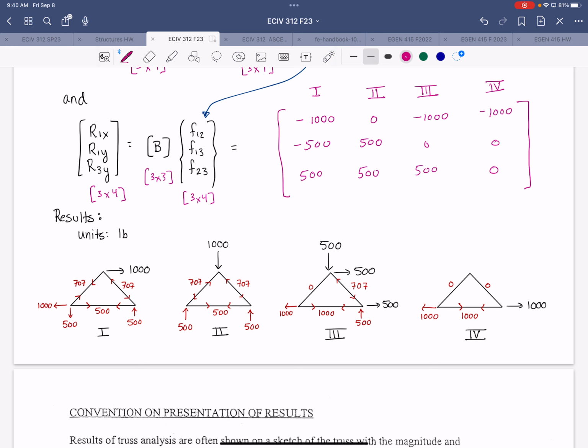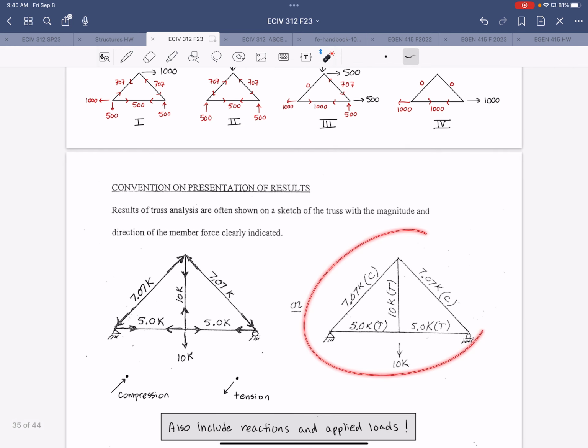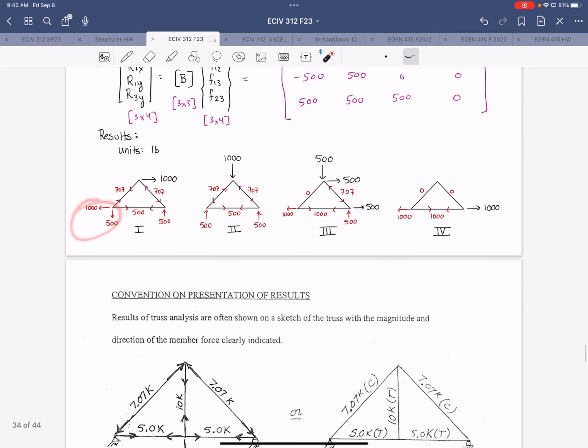Or you can note it simply, this is on the next page actually, you can use this method too. You can just write the value and then C for compression or T for tension in parentheses. Either way is completely acceptable. Just make sure that you include the applied loads and also the reaction forces. It's not shown in these examples, but as shown here, that's what you're solving for.